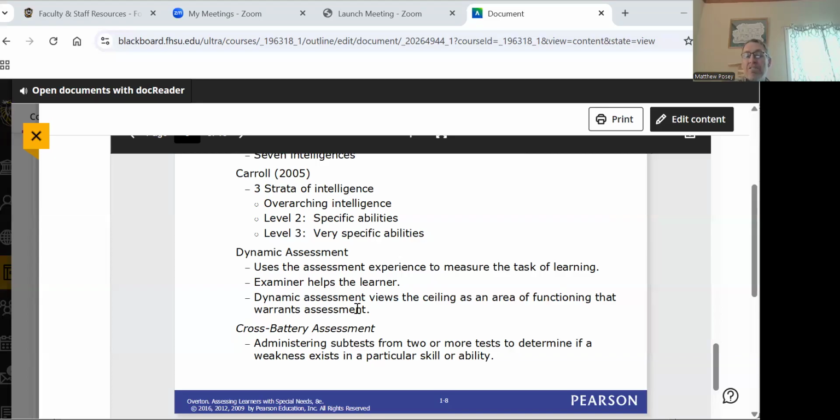If a school psychologist or a school psychometrist comes in, you may see them use a component from the WJ4, a component from the WISC-5, and then they'll have an adaptive behavior measure, maybe the Vineland 3, to come up with their overall comprehensive report. So it's not uncommon to pull subtests from more than one source during the testing process.